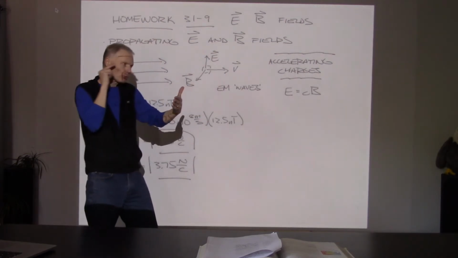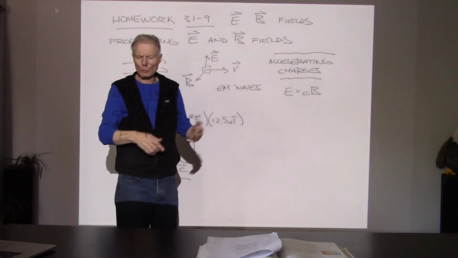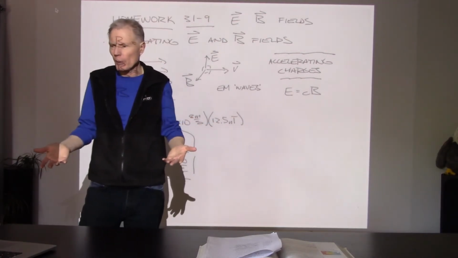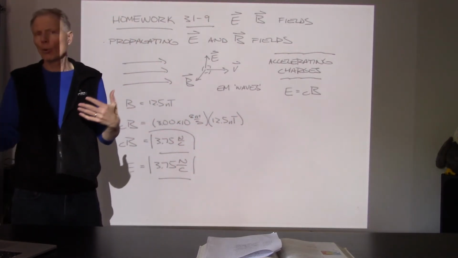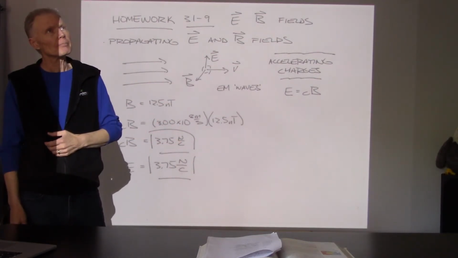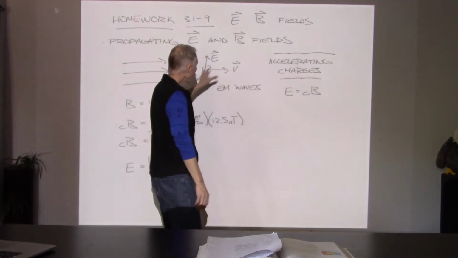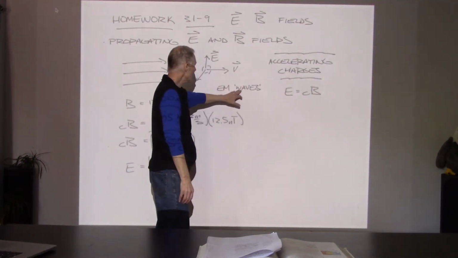This is light, or some part of the light spectrum: radio, microwave, infrared, visible, ultraviolet, X-ray or gamma, but they're all considered EM waves.